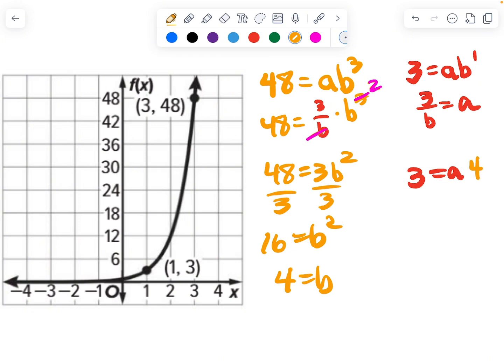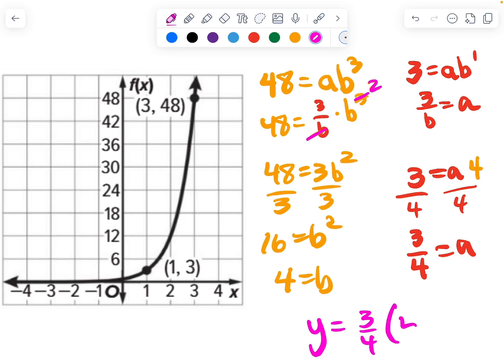Divide both sides by 4. So 3/4 is equal to a. So my equation is y equals 3/4 times 4 to the x power.